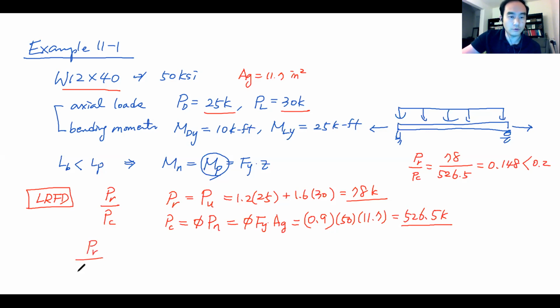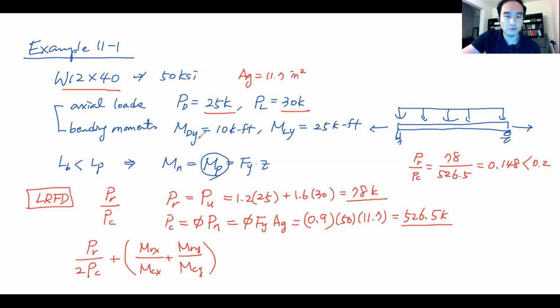PR over 2 times PC plus, there's no coefficient in front of the parenthesis, MRX over MCX plus MRY over MCY. We have to calculate this, and if this calculation is less than or equal to 1.0, then our beam column is satisfactory. Okay, so we already have PR and PC, and let's calculate MR and MC.